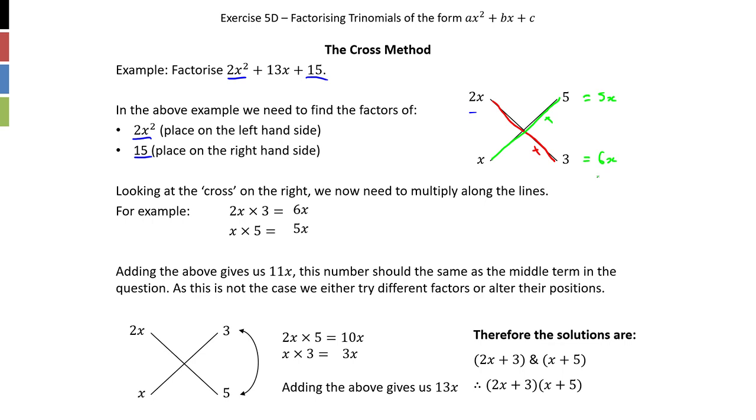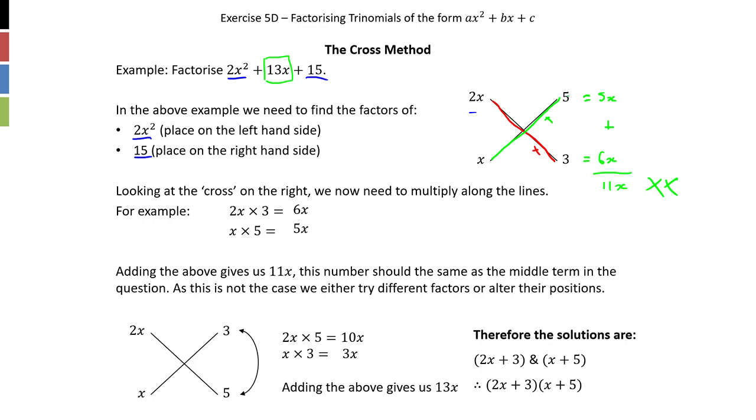Adding together 5x plus 6x gives us 11x. Now, the middle term, we needed 13x. So this was what I was talking about, where the 5 and 3 the other way around doesn't work. We multiply along the cross, 5x and 6x, add them together, we get 11x. That's wrong, no good.